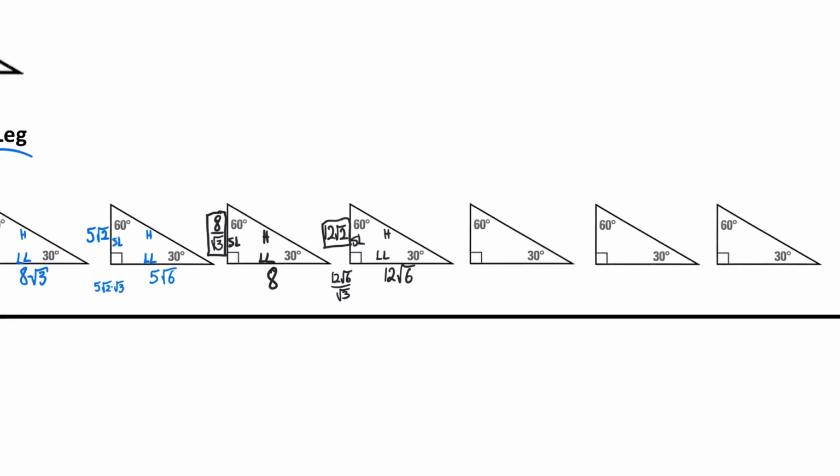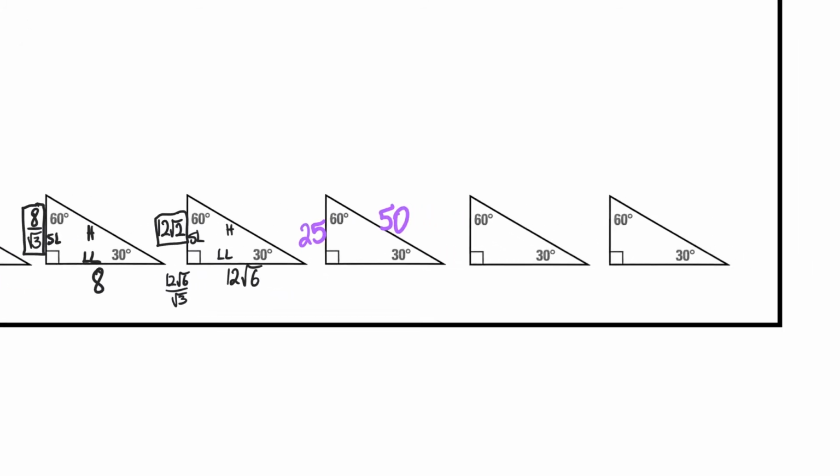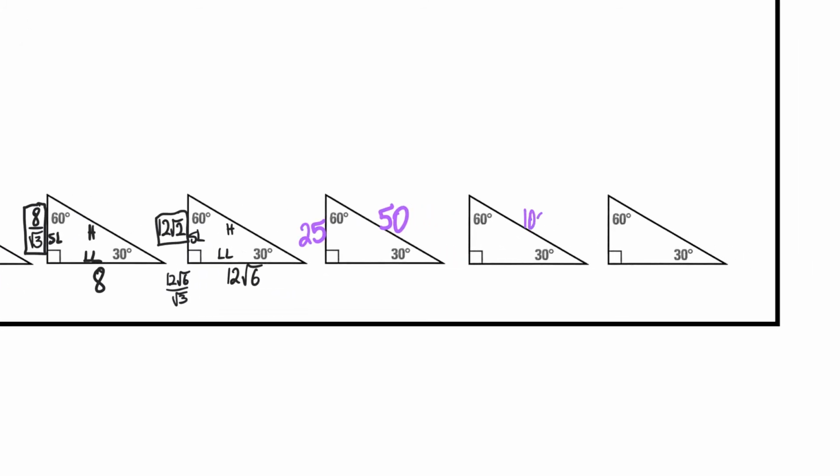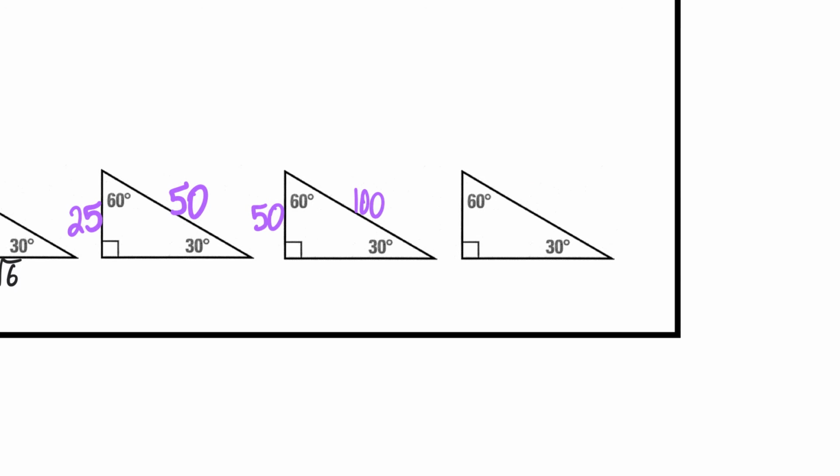So let's say this is 50. How long is that short leg? 25. Just divide by 2, just half of it. Okay, if this is 100, how long is that short leg? It's 50. And let's say this is 16 square root of 3.